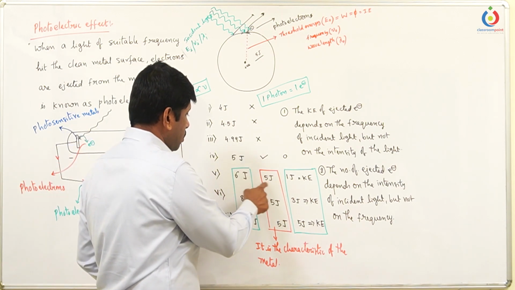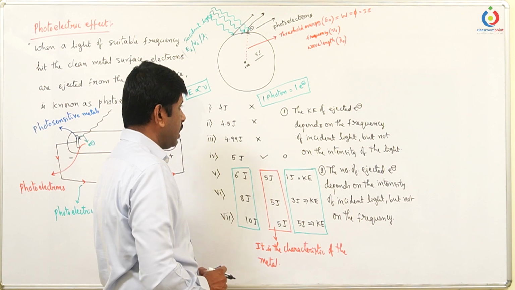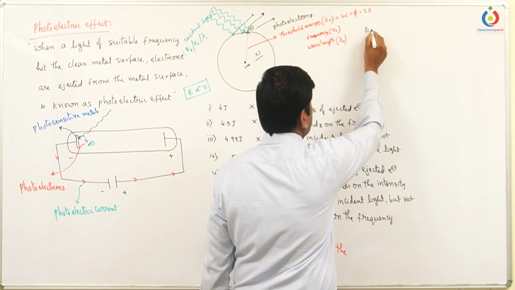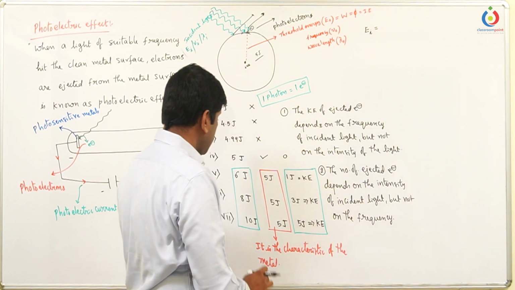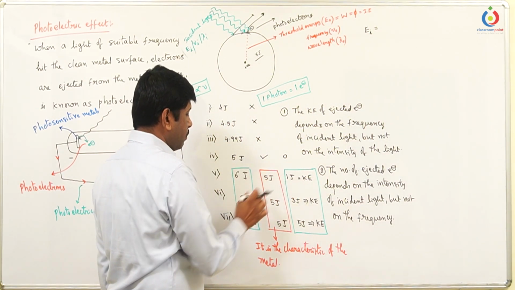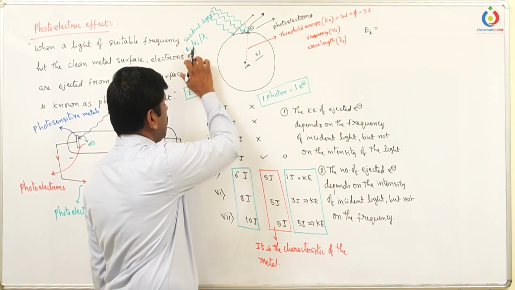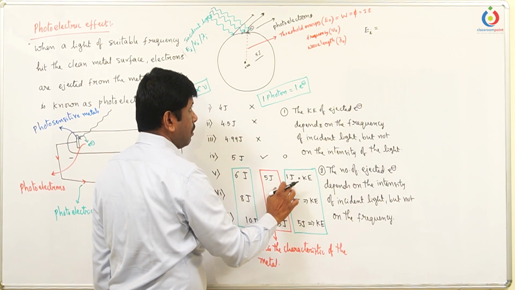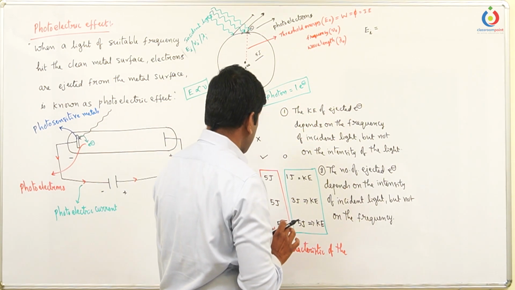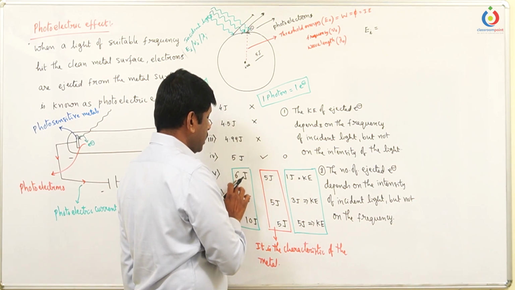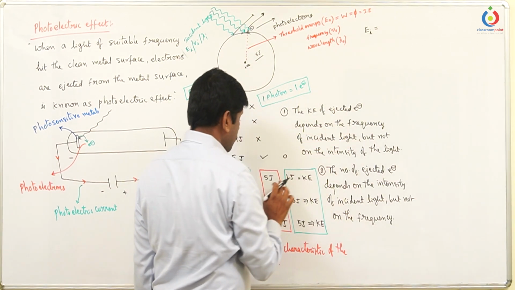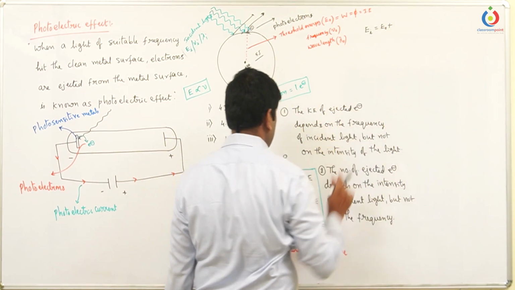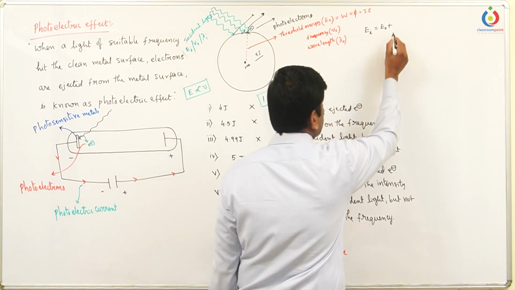So now from this combination, what relation can we develop? The energy of incident light can now be used. See here, 6 equals 5 plus 1. 6 means energy of incident light, 5 joules means threshold energy, and 1 joule means kinetic energy. So we can write 6 equals 5 plus 1, where 5 means threshold energy, that is E naught, plus kinetic energy.